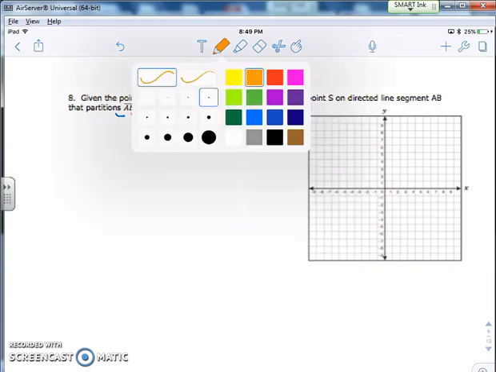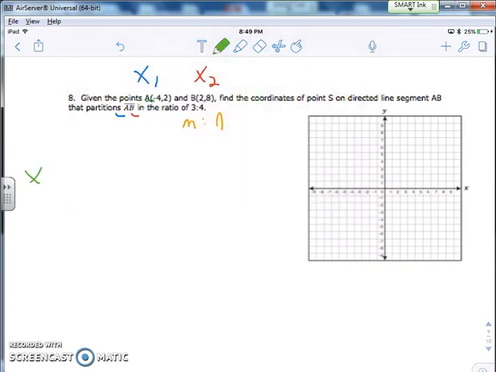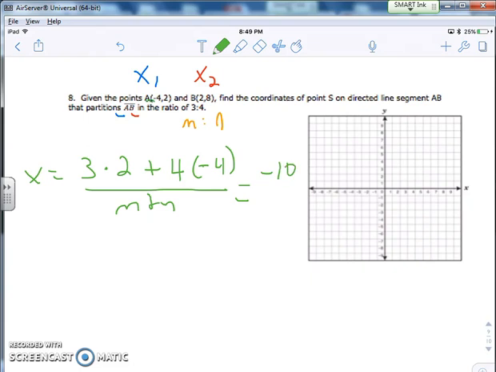Going from there, our x-coordinate is going to be m, which is 3, times x2, which is 2, plus n, which is 4, times x1, which is -4, all over m plus n. 6 minus 16 is -10, all over 7.